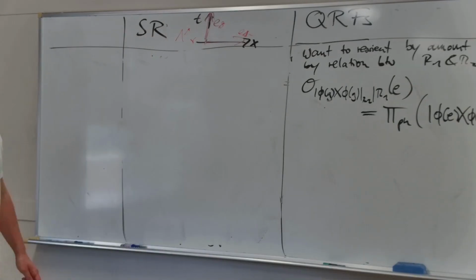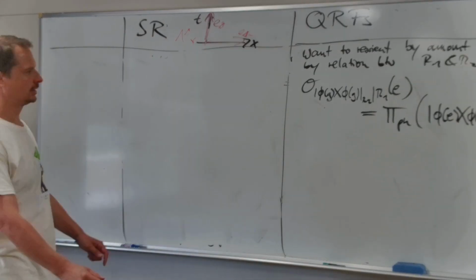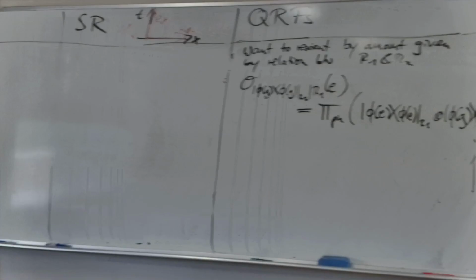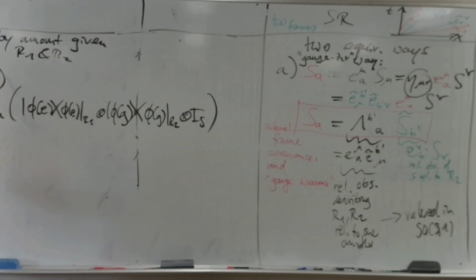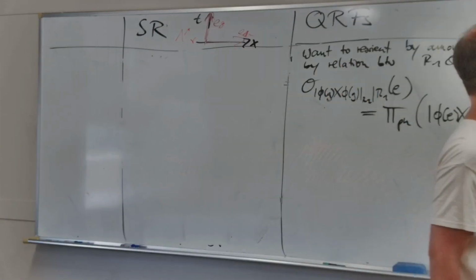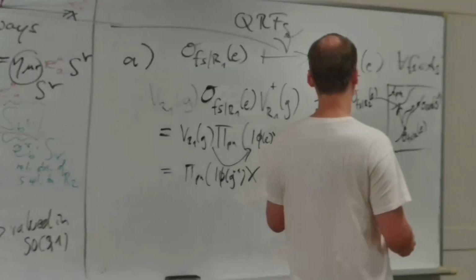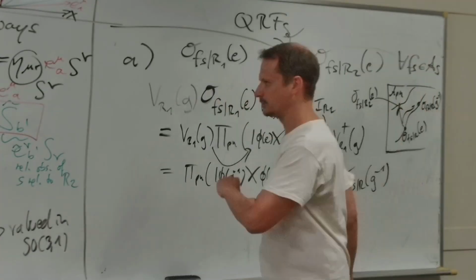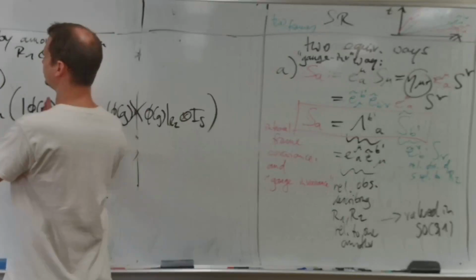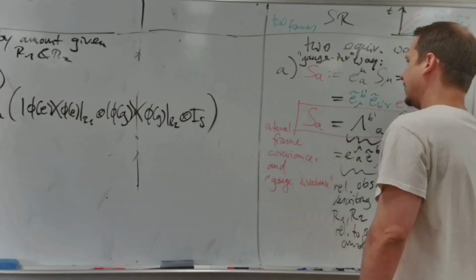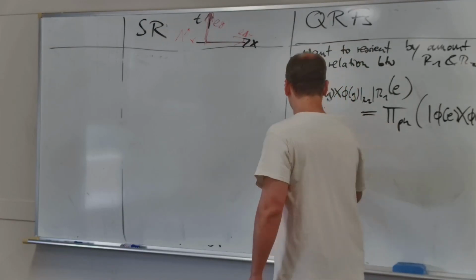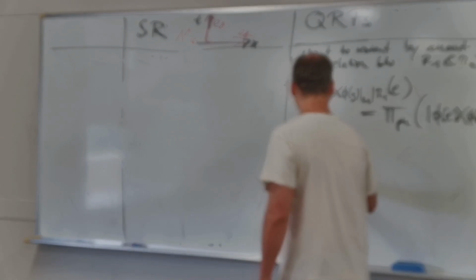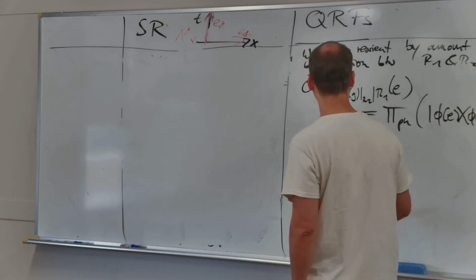So this will be the amount, or basically what we want to do now is a transformation from one frame to another, or reorient. We want to do a reorientation conditional on the orientation between the two reference frames. So let me write this down. R1 to R2.